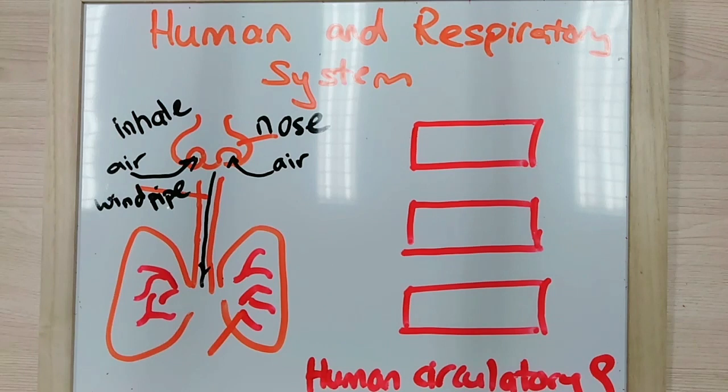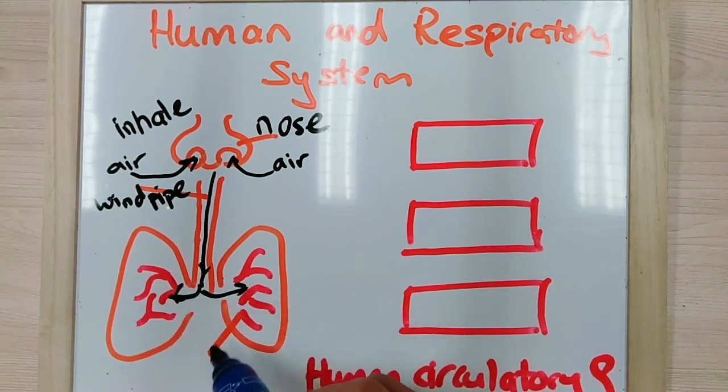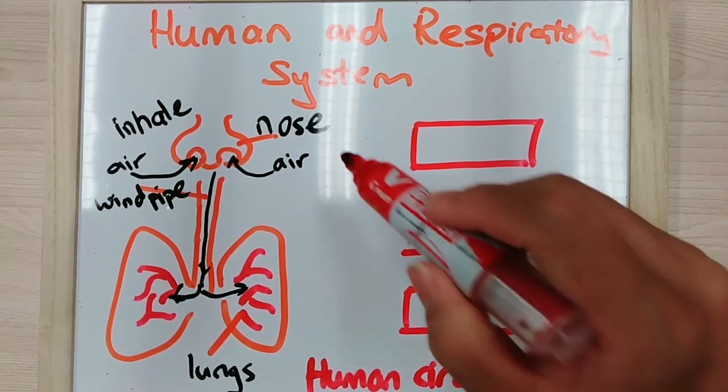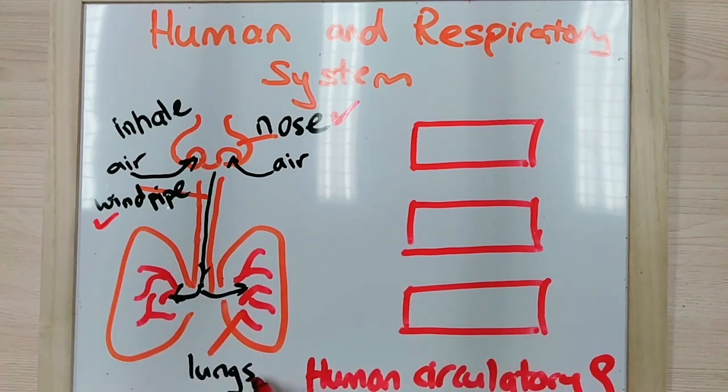And when it goes in the windpipe, it enters into a pair of lungs. So basically, those are the three main parts of our respiratory system. We have the nose, we have the windpipe, and we have a pair of lungs.